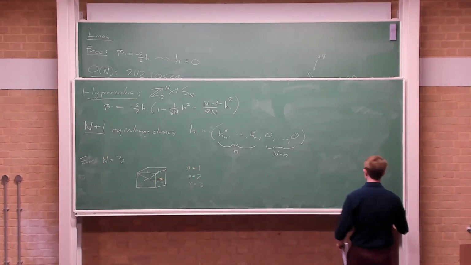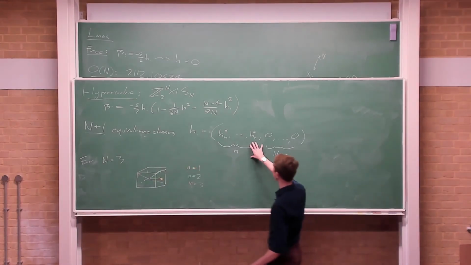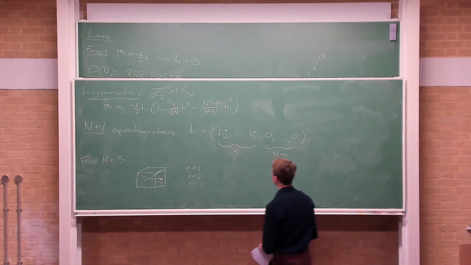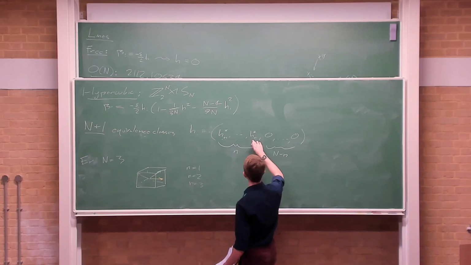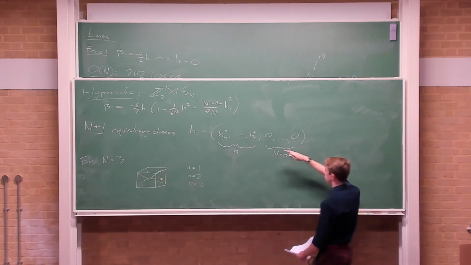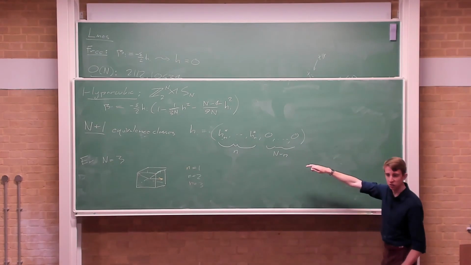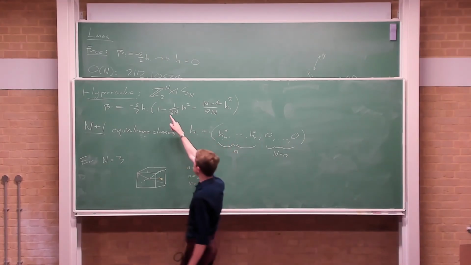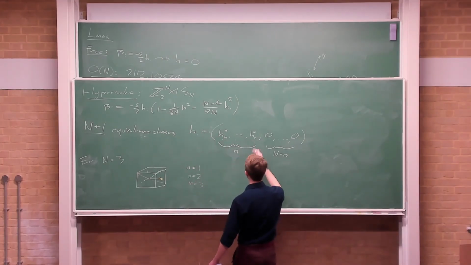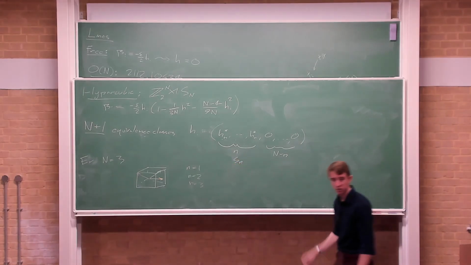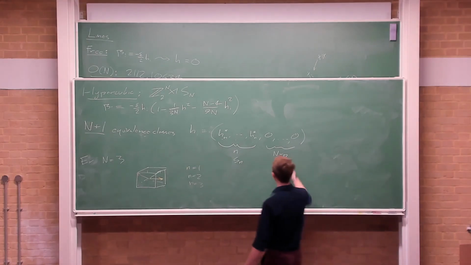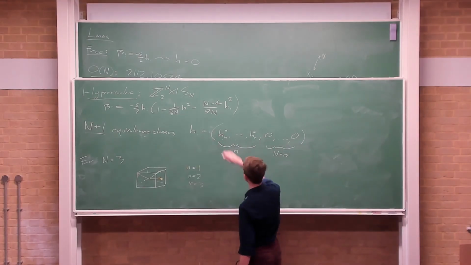And so you can see based on the form of this how it will break the group. Whenever you've turned on one of these couplings, you'll have an explicit phi now in the action, and so that'll break the Z2. But because they're all the same, there'll be some Sn remaining symmetry where you can permute these. And here, because the couplings are 0, the Z2 remains.